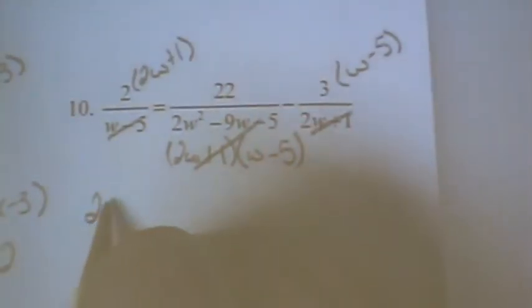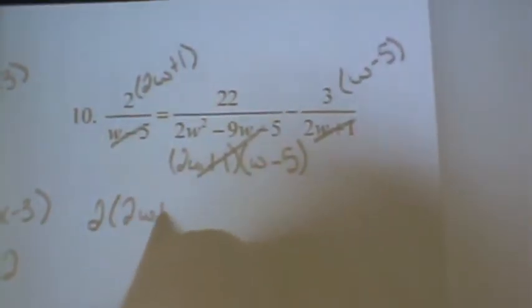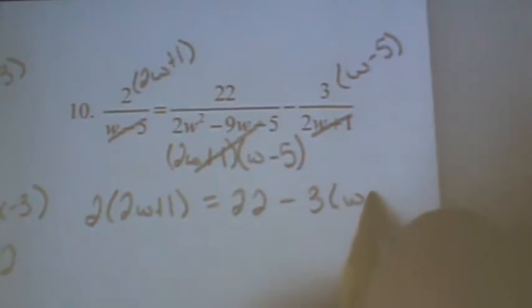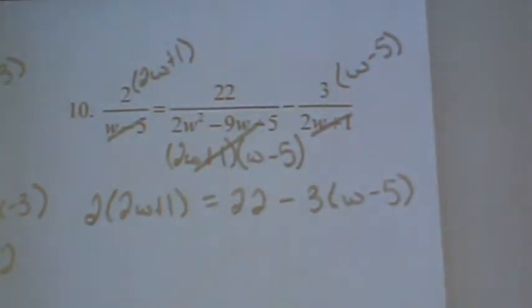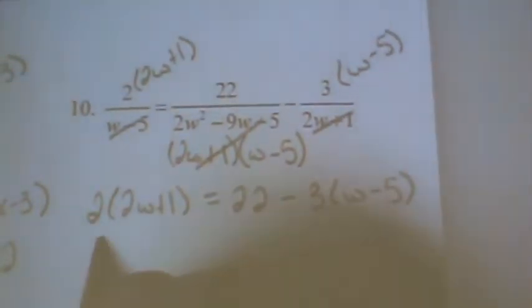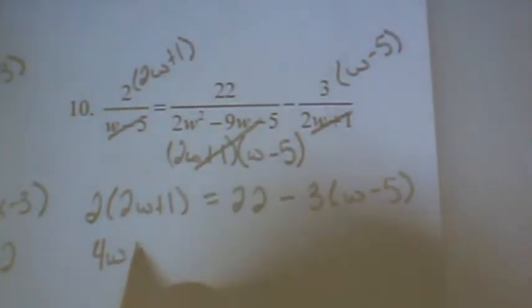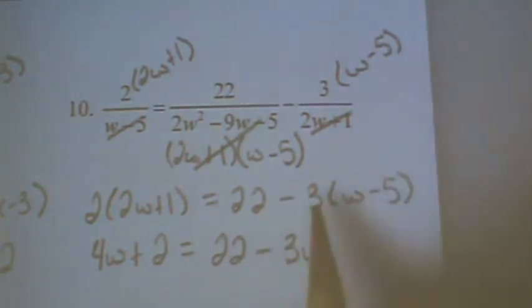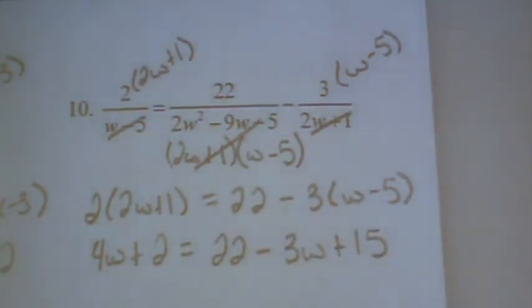So we have 2 times 2w plus 1 equals 22 minus 3 times w minus 5. Distributing, we get 4w plus 2 equals 22 minus 3w, and again distributing the negative, plus 15.